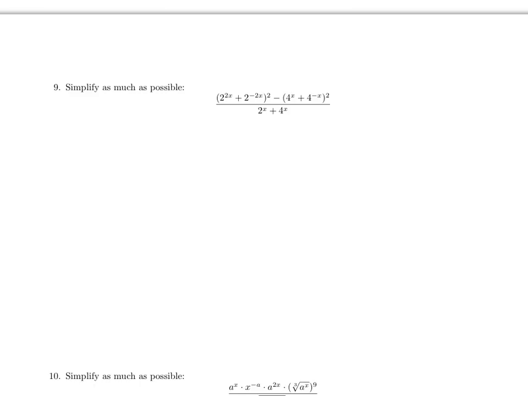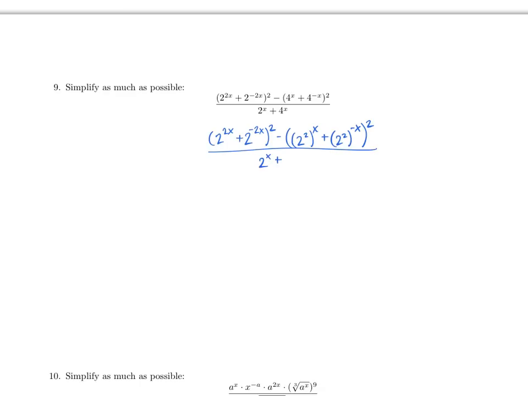So if you do that as your first step, there's nothing to re-express in the first piece. So we have 2 to the 2x power plus 2 to the -2x power, all of that quantity squared, minus 2 squared to the x power plus 2 squared to the -x power, all quantity squared, all over 2 to the x plus 4 to the x.